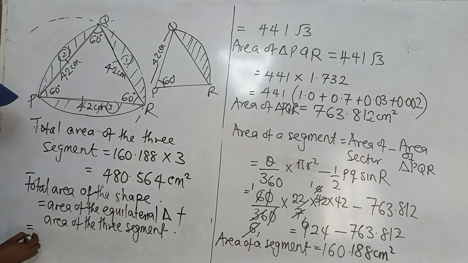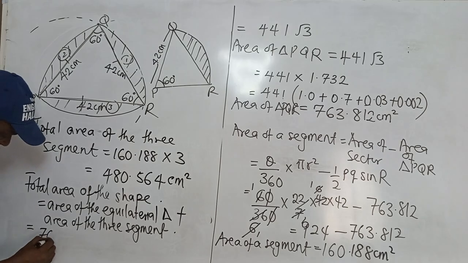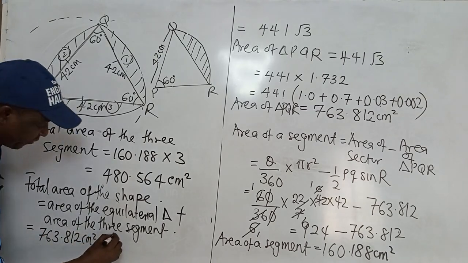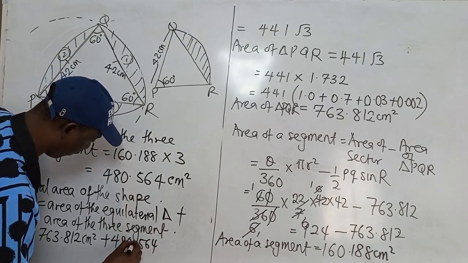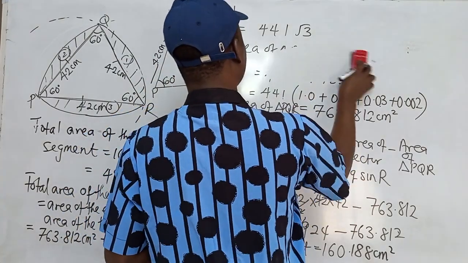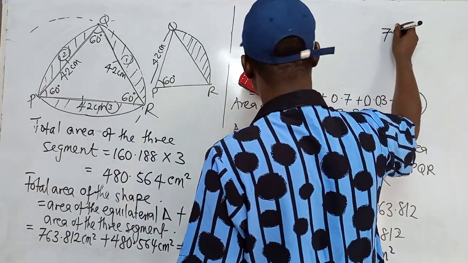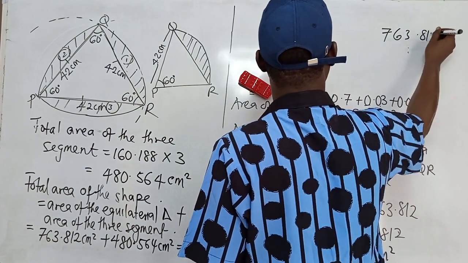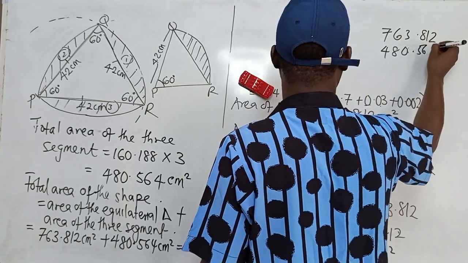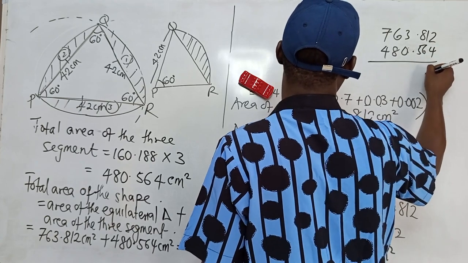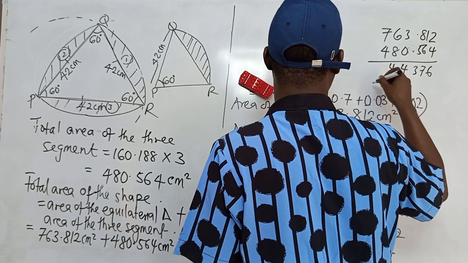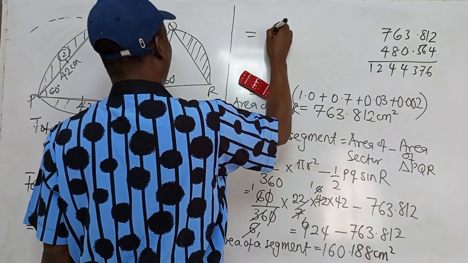So we have 763.812 centimeters squared plus 480.564 centimeters squared. Let's do the addition: 763.812 plus 480.564, carrying where needed.